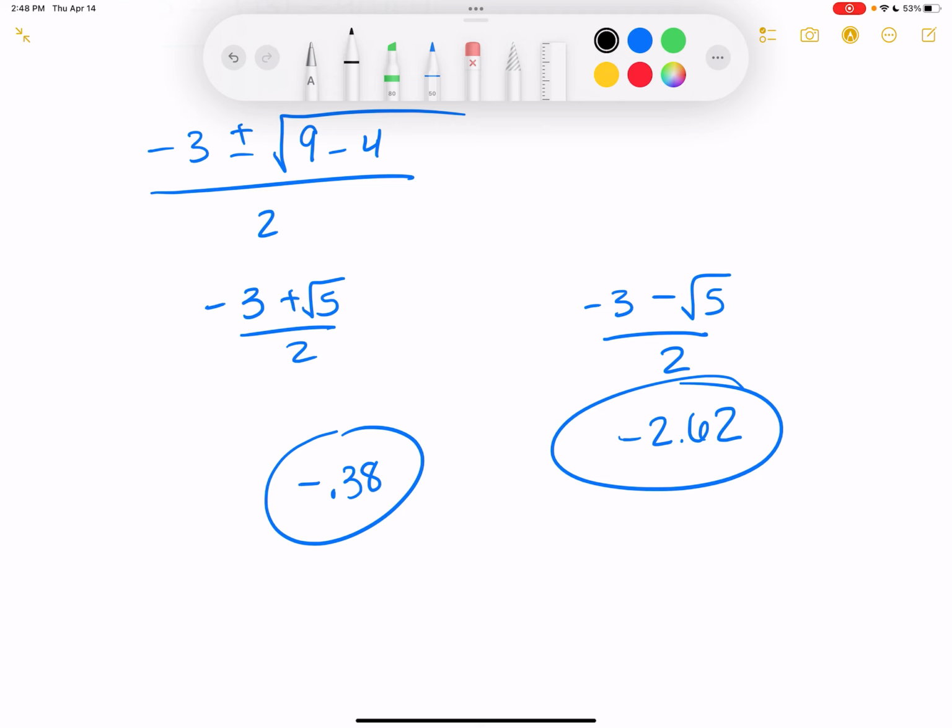Alright, so let's see, we did 8, so I'm going to move down to 10. So 2t squared plus 3t minus 11 equals 0.